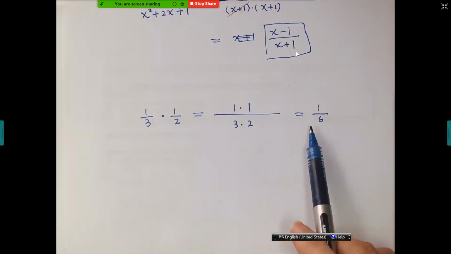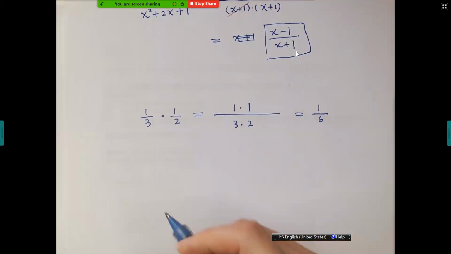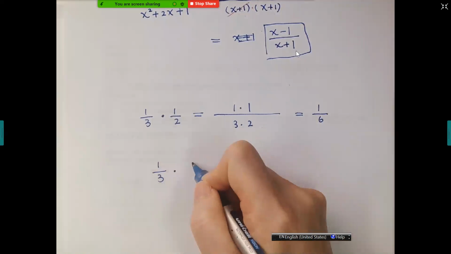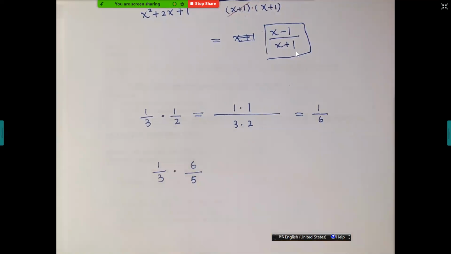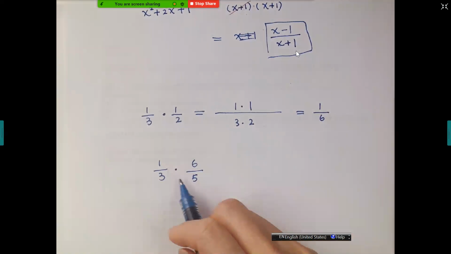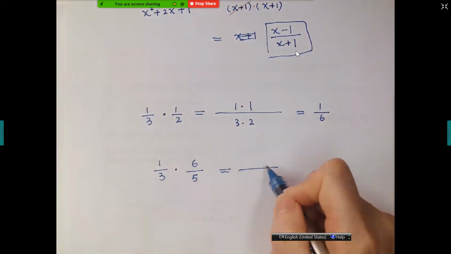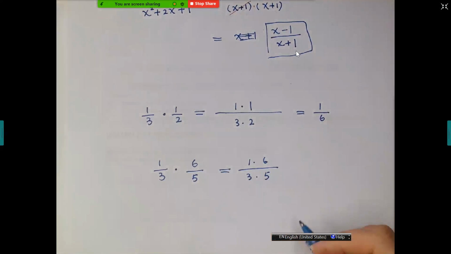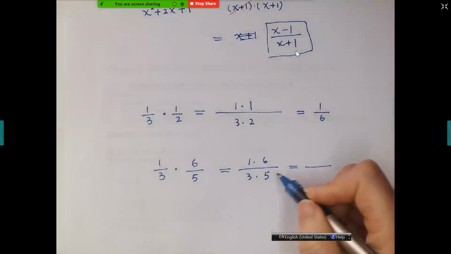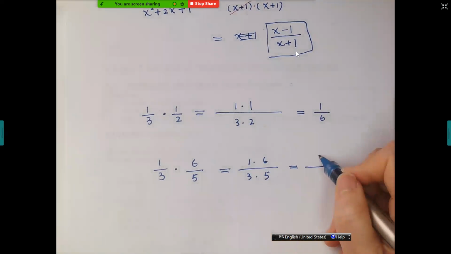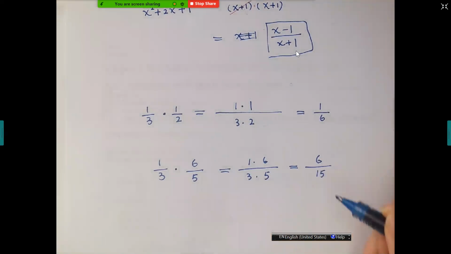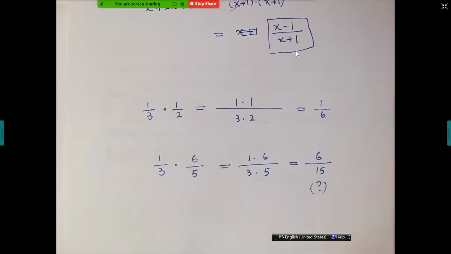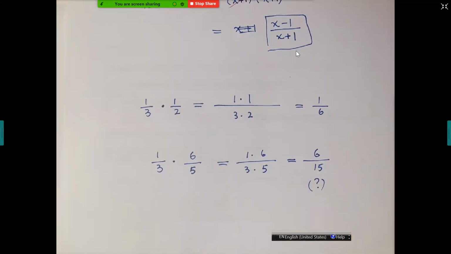That's it. But the problem is, for example, if I have 1/3 times 6/5. When we multiply those two here, we'll get 1 times 6, 3 times 5. If you multiply the numerator and denominator out, you'll have 6/15. Can you leave the answer 6/15 as the final answer?